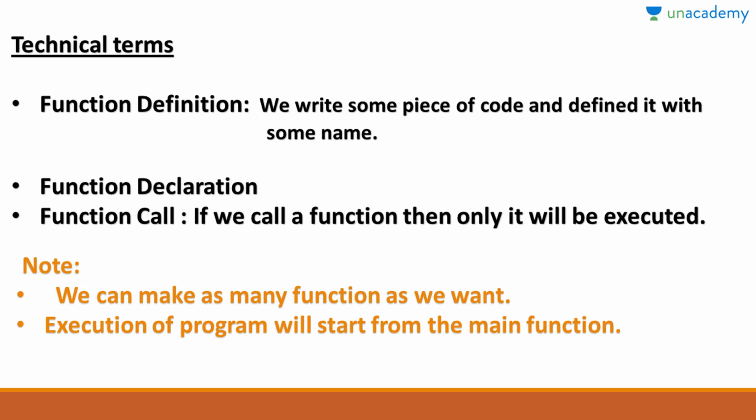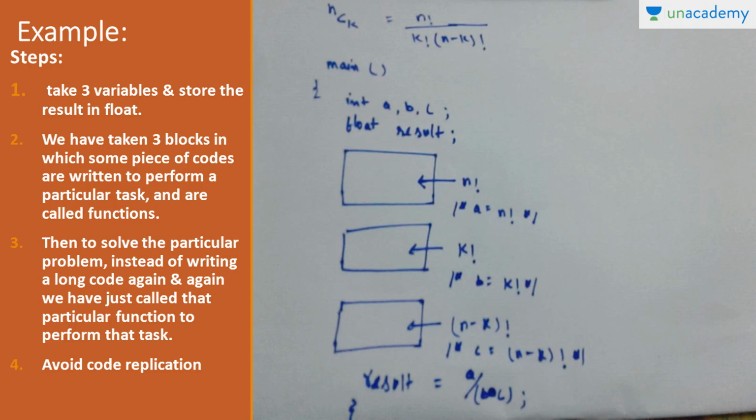Function declaration, we will learn later. Function call: if you call a function, then only it will be executed. Take note that we can make as many functions as we want, and execution of the program will start from the main function.